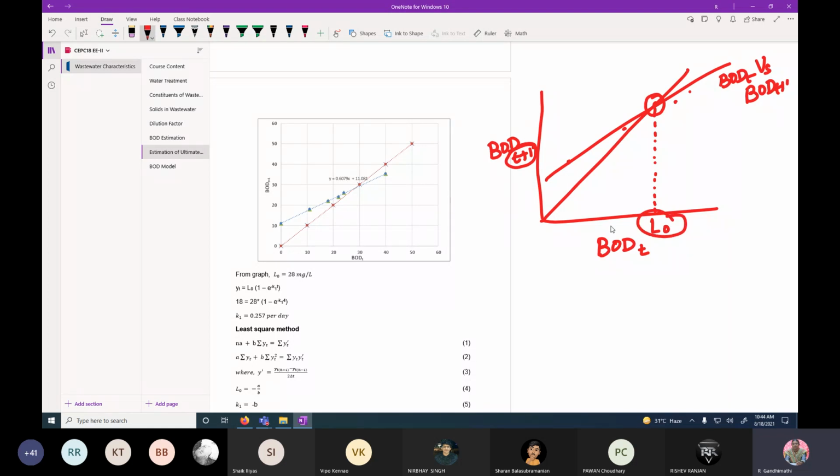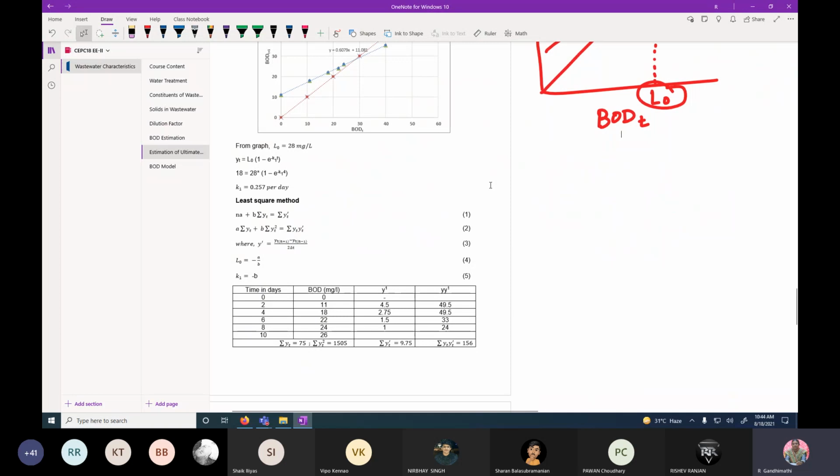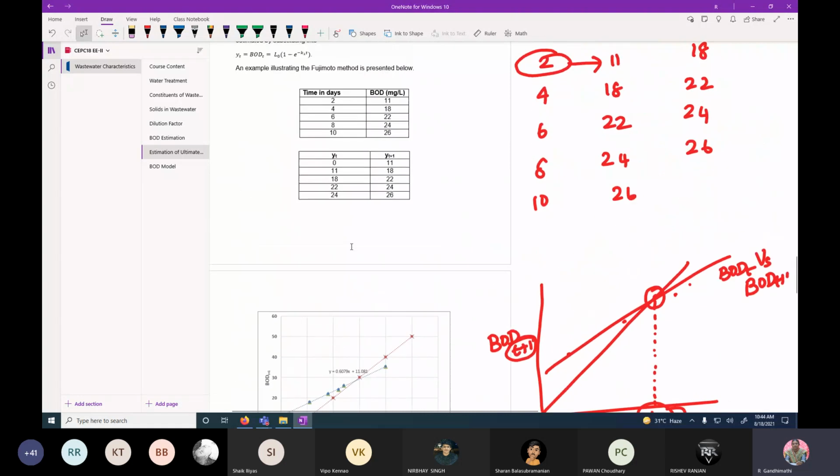Now you can use the BOD model equation: YT is L0 into 1 minus e power minus k1 into t. Then from the data, you can consider any one. For example, you can take the time corresponding to 6 days.